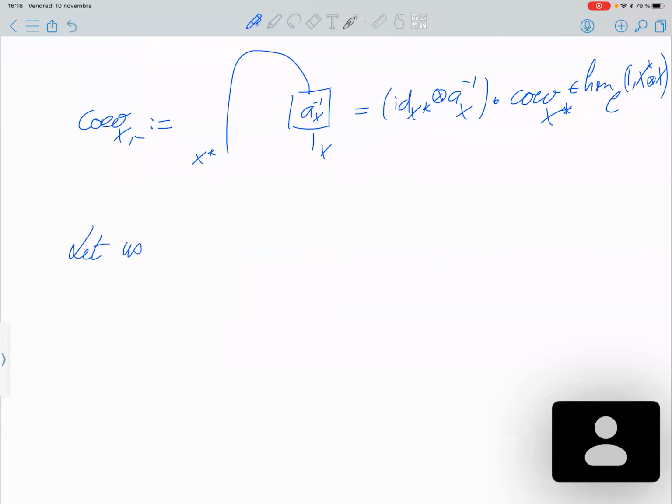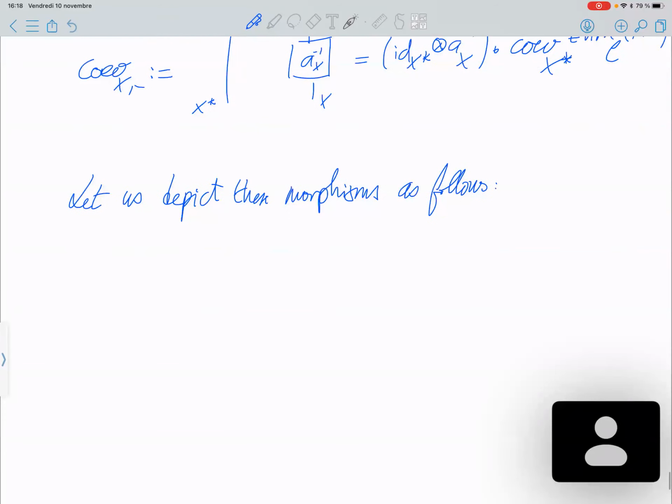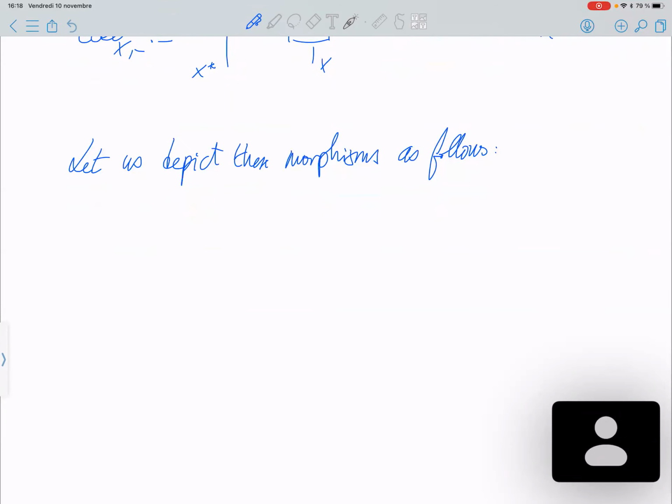So let us depict these morphisms as follows. ev X plus will be this arrow. ev X minus will be the same shape but with the opposite arrow.